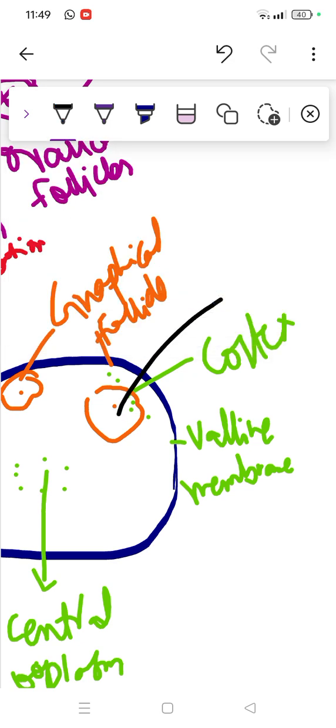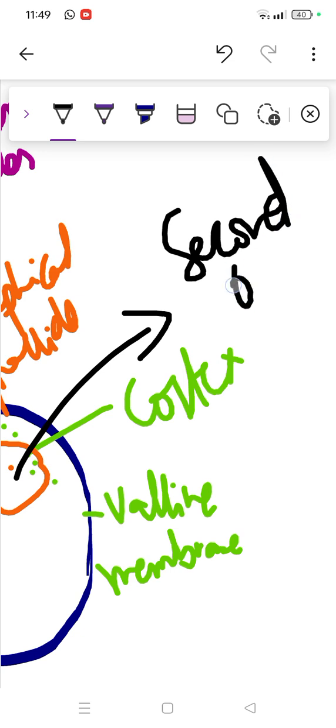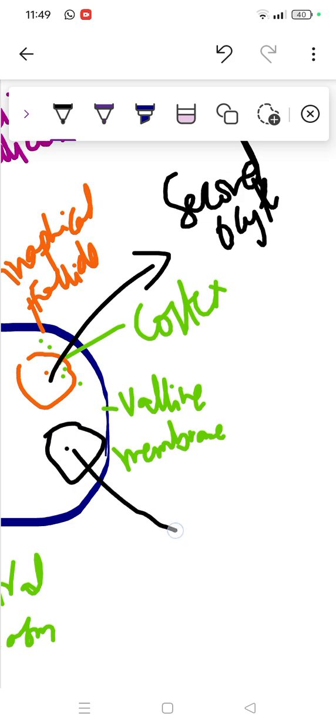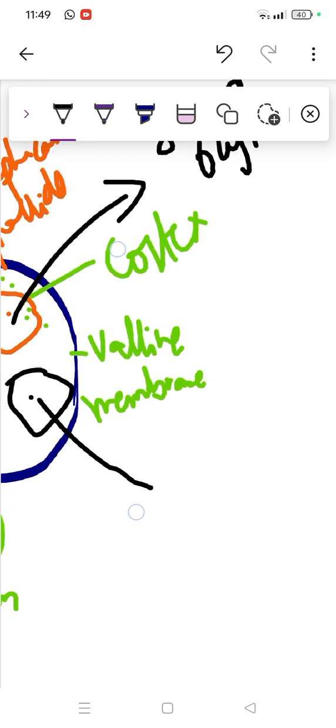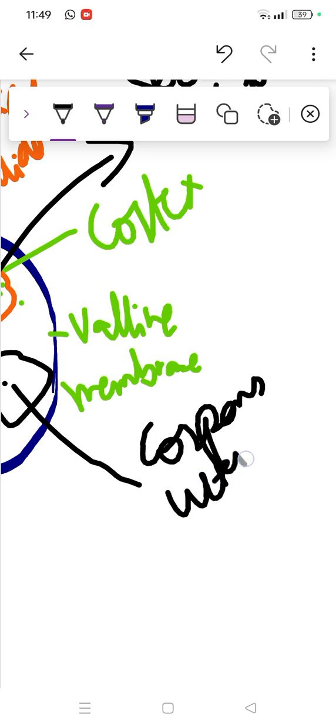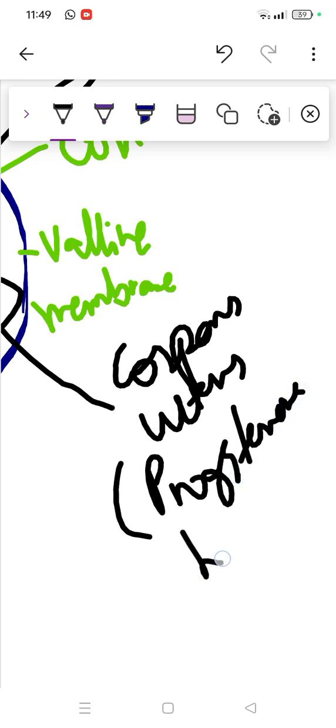After this follicle, you'll see the secondary oocyte start. After the secondary oocyte, that becomes the corpus luteum. That's also associated with the progesterone hormone. So I'm sure it's clear to you.